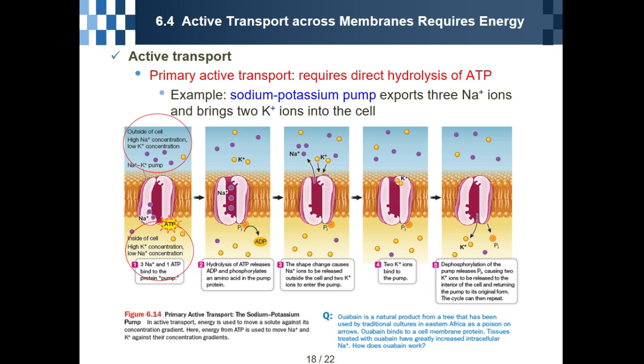But this active transport moves Na plus against the concentration. Okay? They use ATP like this. So this primary active transport requires direct hydrolysis of the ATP.